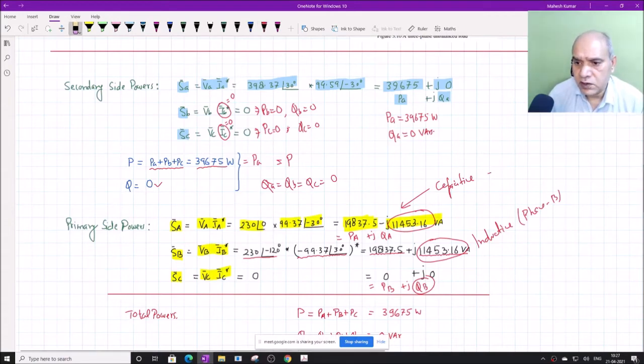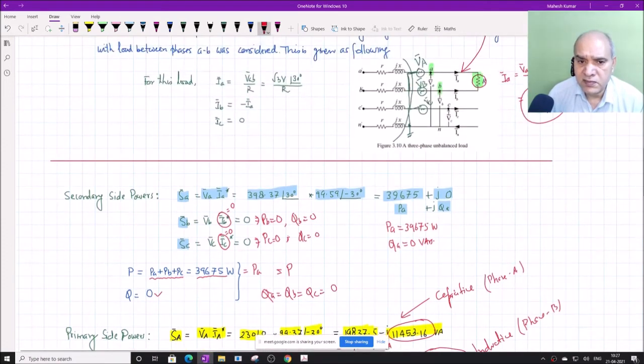So this is phase A, and this we have studied in the three-phase system. In fact, that's what I am saying, this is similar to what we have done earlier. If you study this system, you will find the same configurations. So this reflects the primary side of the transformer. The whole circuit is seen as the primary side of the transformer.